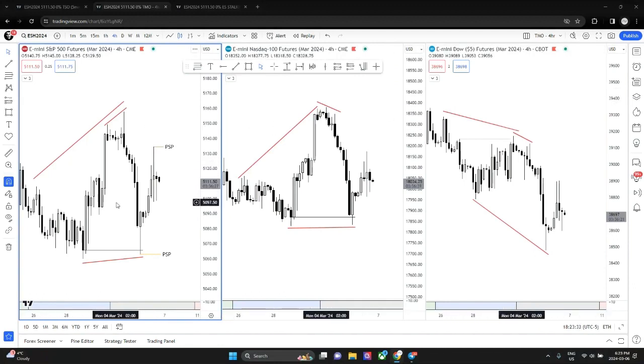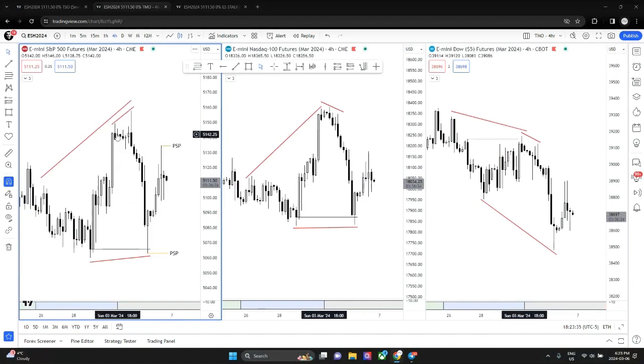So as you guys remember, when price was here and we were doing our analysis for the current week, which we did Sunday, we wanted to see price run above this high.